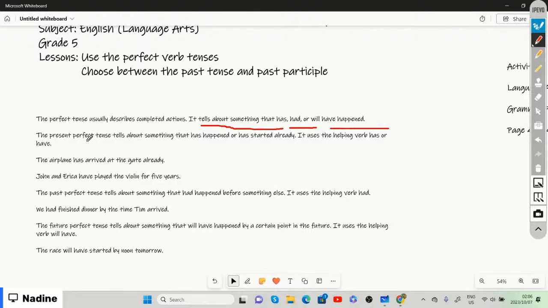The present perfect verb tense tells about something that has happened or has started, and it uses the helping verb has or have.